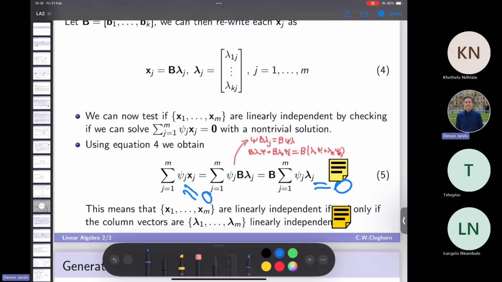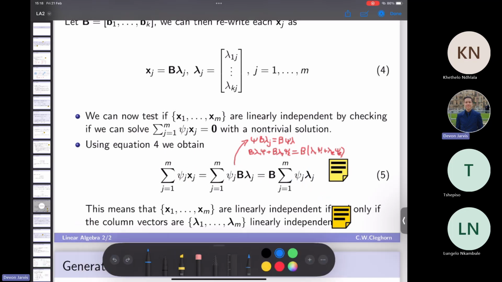So all we've done is we've taken what was originally asking us for the linear independence of x, and we've rewritten it in a way that it's now in terms of the linear independence of the lambdas. Okay? And so that is then true. If these are linearly independent, there is no set of phi's such that we get a 0 unless we set the phi's themselves to 0, which is true then of everything on the left-hand side.